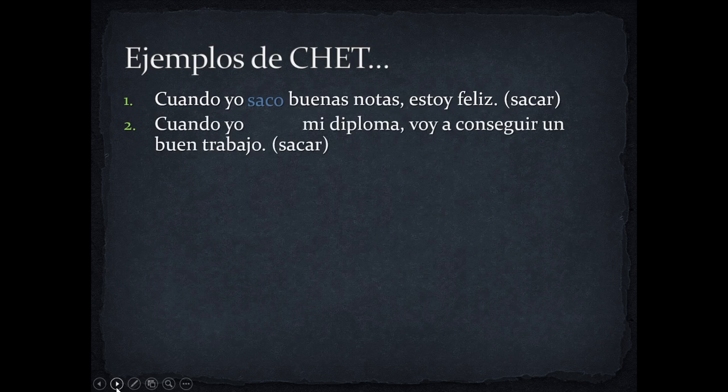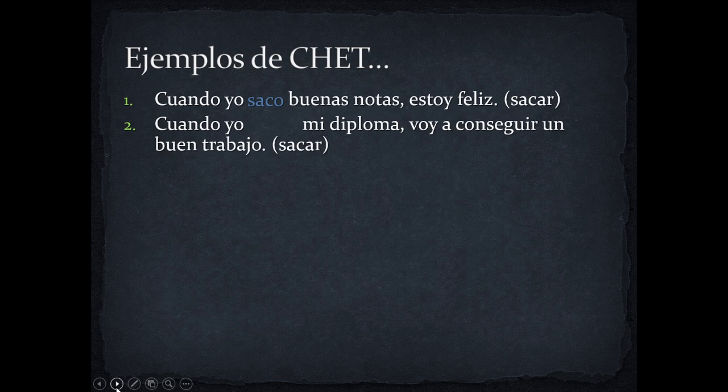Número dos. Cuando yo blank mi diploma, voy a conseguir un buen trabajo. What are we saying here? Well, we're still dealing with sacar. Sacar means to take out, but we use it as the verb to get when we're talking about grades and even when we're talking about this case, a diploma. So I'm saying when I get my diploma, I'm going to get a good job.